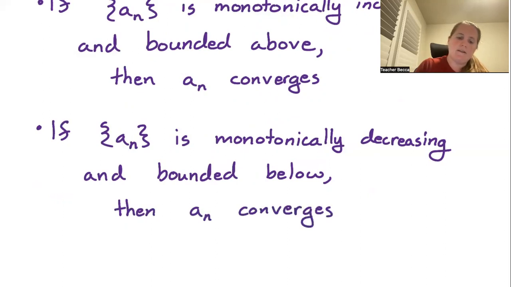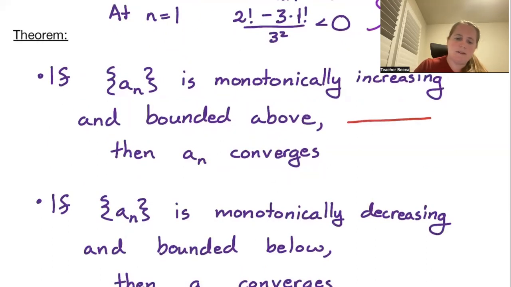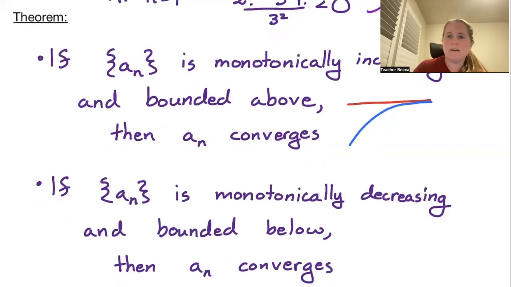And so again, essentially, we have bounded above, we have a line that cannot be crossed above. And if we have a function that's increasing along the way, it must never go past that, can't go back down, it has to limit.